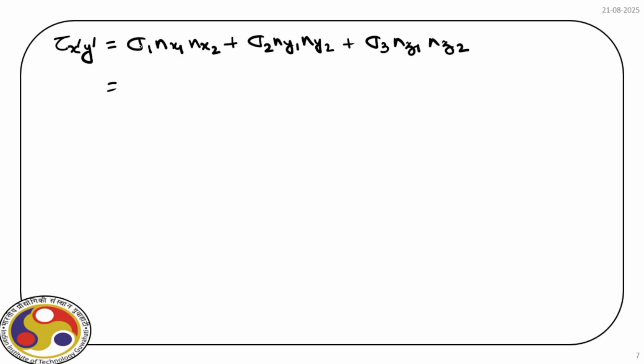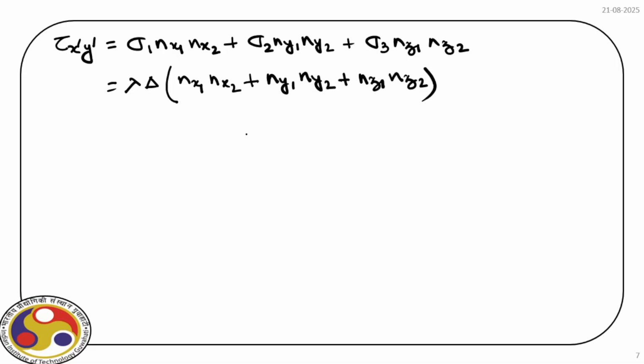So if we put the expression of sigma 1, sigma 2, sigma 3 and simplify, we get again lambda times delta. Within the bracket we have nx1 nx2 plus ny1 ny2 plus nz1 nz2, plus 2 mu.